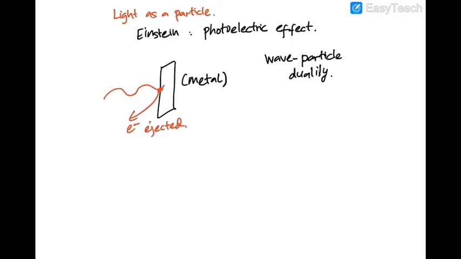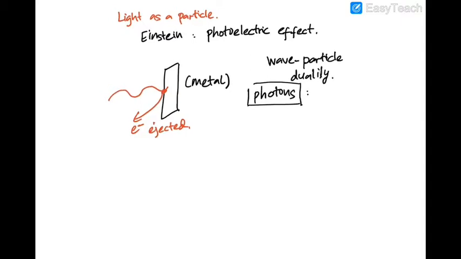Now Einstein also introduced the concept of photons. Photons were described as a collection of packets of energy, a collection that also has the identity of a particle, due to this experiment that won Einstein his Nobel Prize.